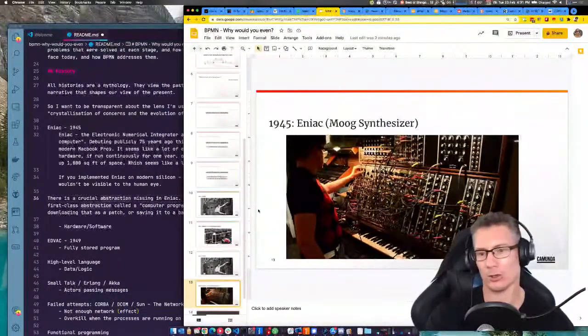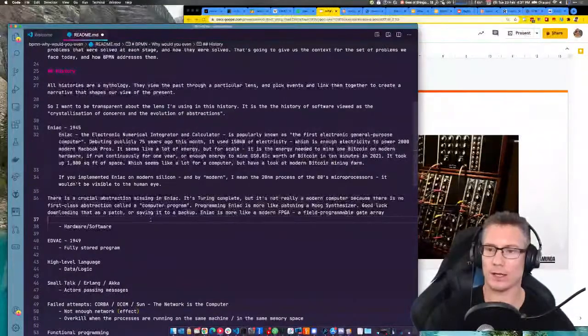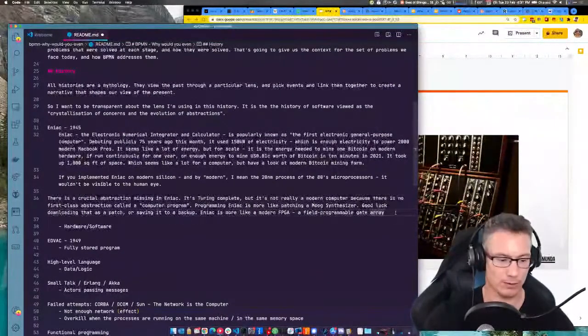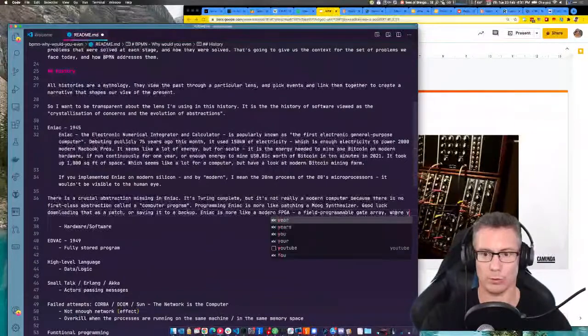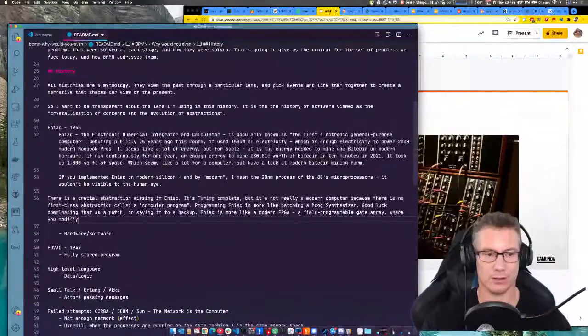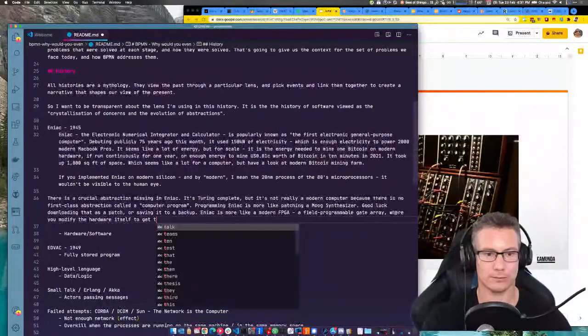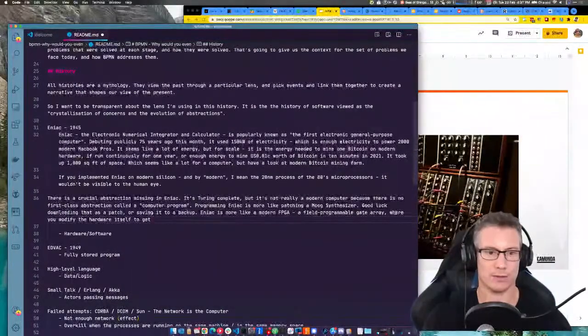Good luck downloading that or saving that as a patch set. ENIAC is more like a modern FPGA, a field programmable gate array, where you modify the hardware itself to get specific behaviors.